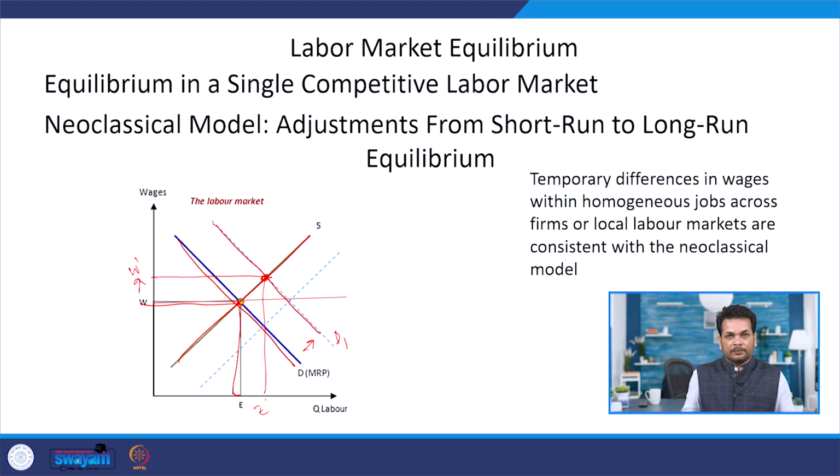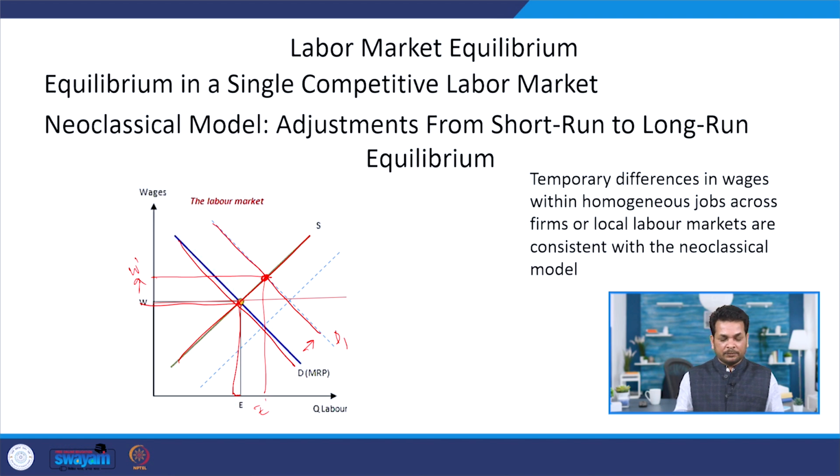Now, why will there be a short-term spike in the wage rate? Because it is very difficult to increase the labor supply overnight. It takes some time to increase the labor supply and to gain training and skills. So, slowly this increase in the wage rate will attract new workers to enter the labor market, or to gain the skills required in that particular sector.